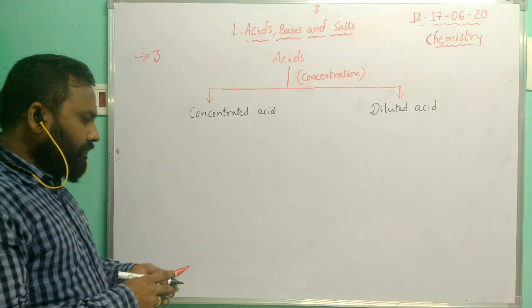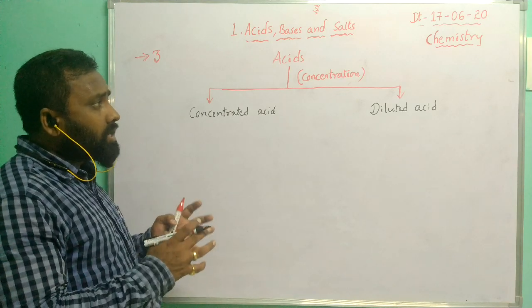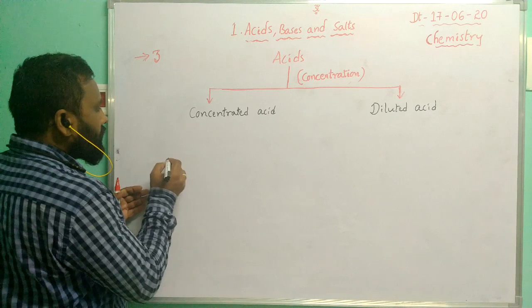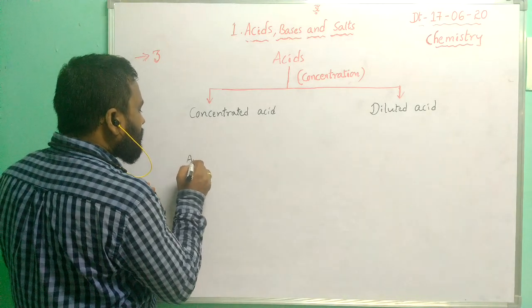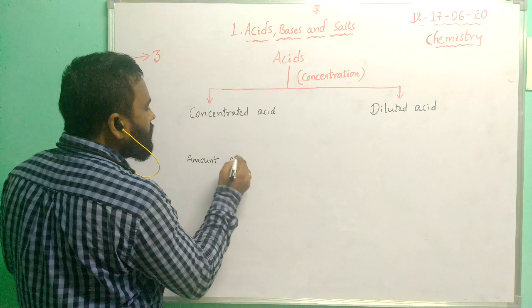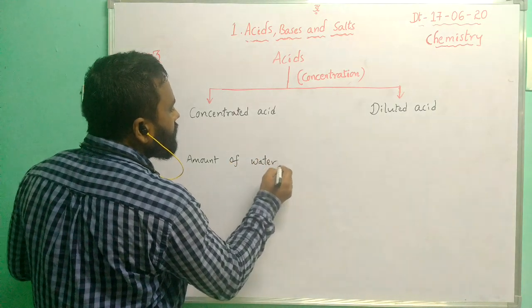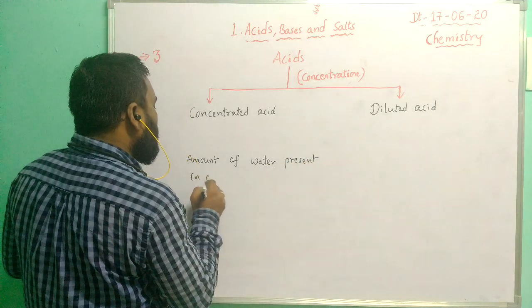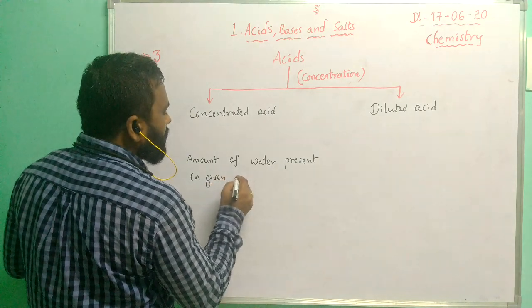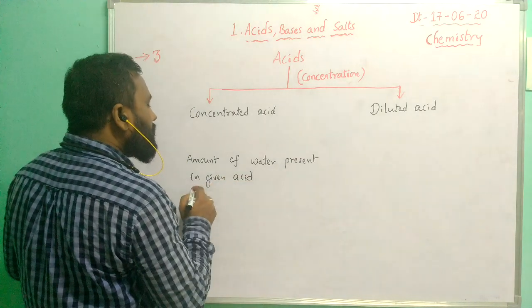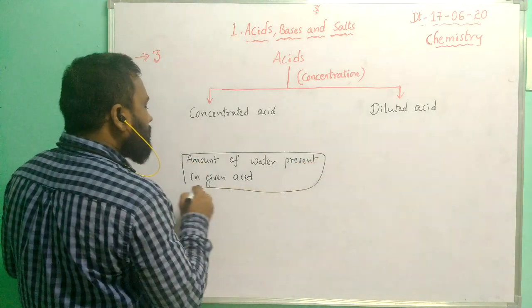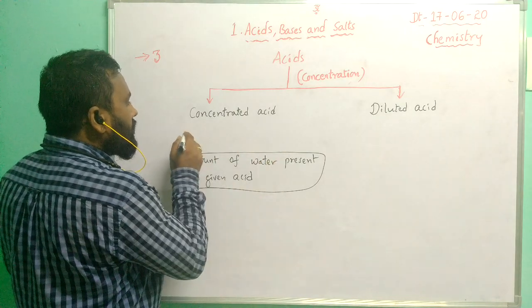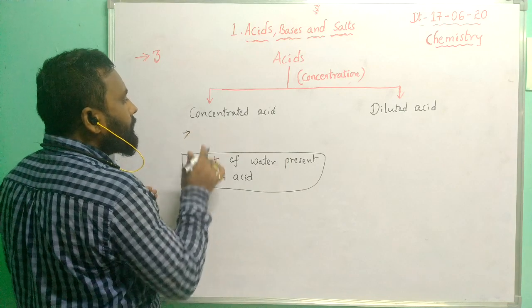Based upon the amount of water present in the given acid, we can explain which one is the concentrated acid and which one is the dilute acid.